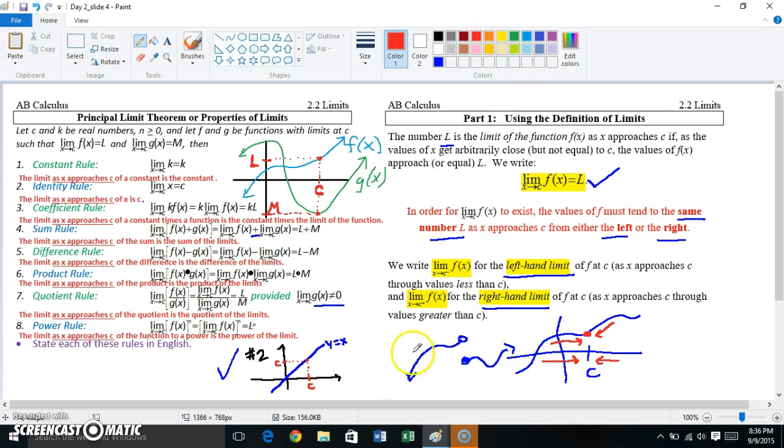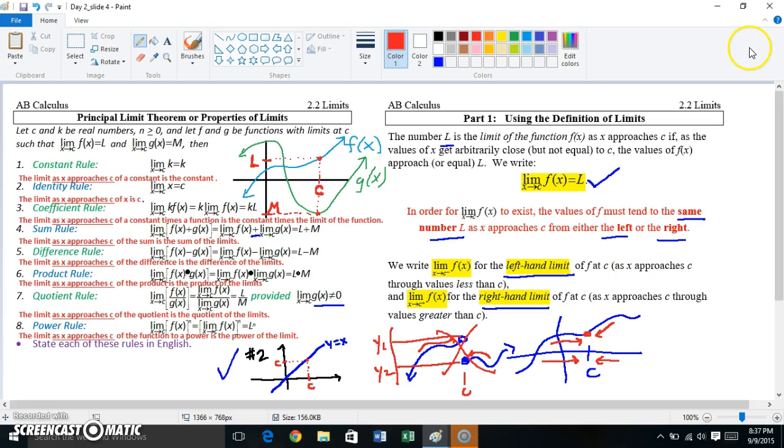So this time, the limit from the left approaches whatever y value this is. But the limit on the right, as we approach, if this is where c is, well, it's this y value. Those two y values are not the same, obviously, so this limit does not exist.